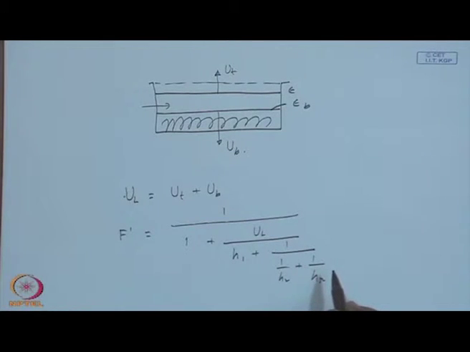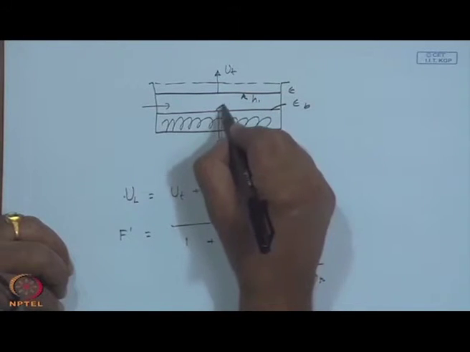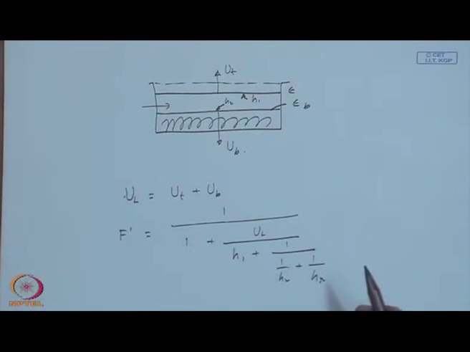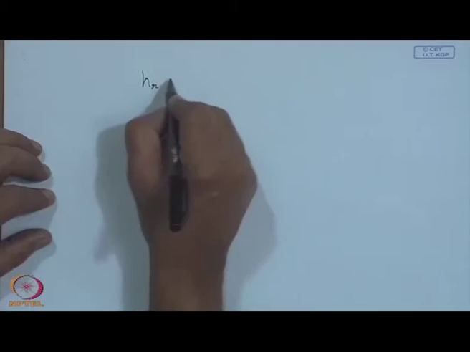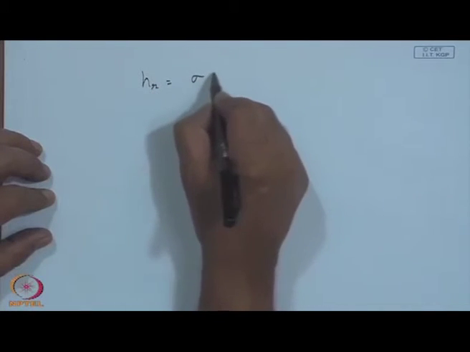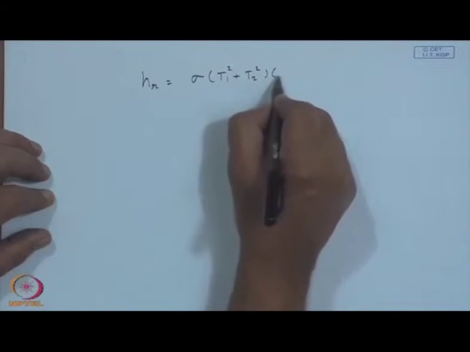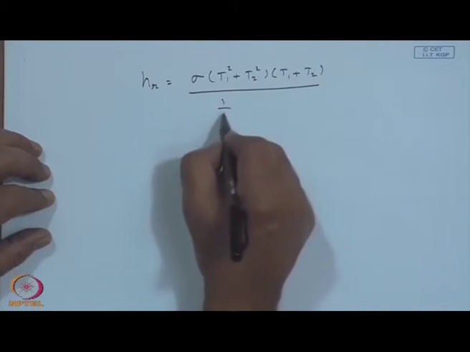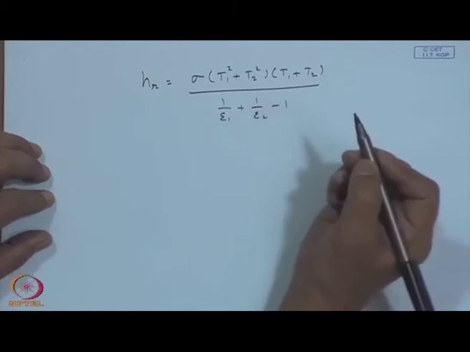You can see that H 1 is at the top and H 2 is at the bottom plate, and the effective radiative heat transfer coefficient H r is defined as sigma times T 1 squared plus T 2 squared times T 1 plus T 2, upon 1 upon epsilon 1 plus 1 upon epsilon 2 minus 1.